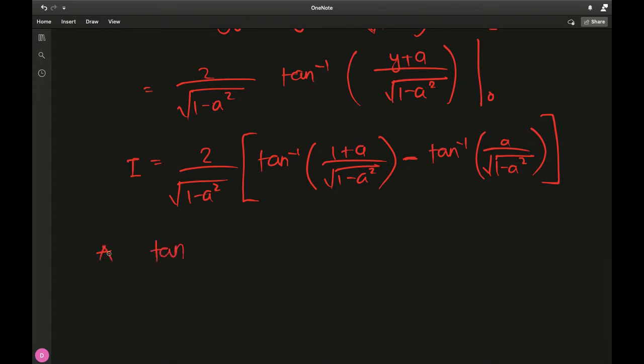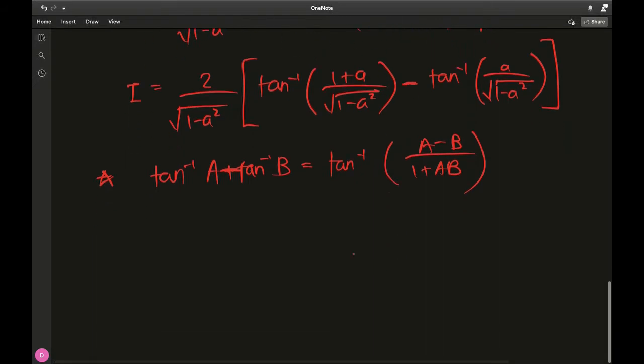So note that the inverse tangent of a minus the inverse tangent of b, in this case, let's deal with the negative first, is equal to inverse tangent of a minus b over 1 plus a times b. So we have this formula here.